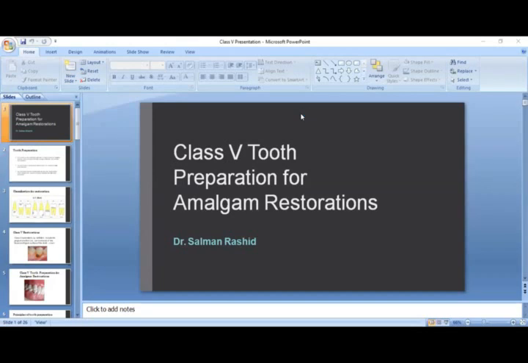Last time I discussed the class 3 caries region, which I hope you remember. Just a brief discussion: class 3 is basically present on the anterior tooth, and that does not involve the incisal edge or the incisal angle. There's a difference between the incisal angle and the incisal edge. So the class 5 caries region is the topic of today's discussion.